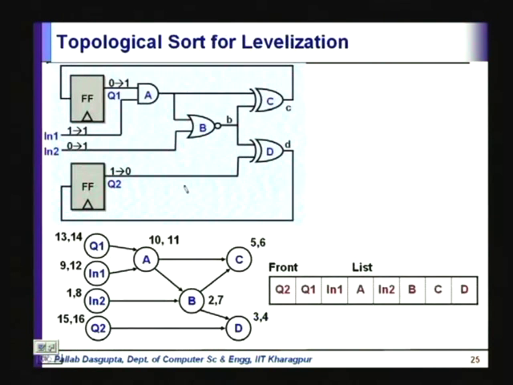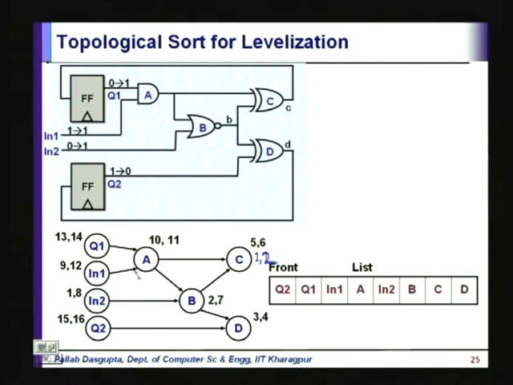So, in the previous case also, you could have started your topological ordering from here. If you started its topological order from here, then the entry level of this would have been 1, the exit level would have been 2, right.